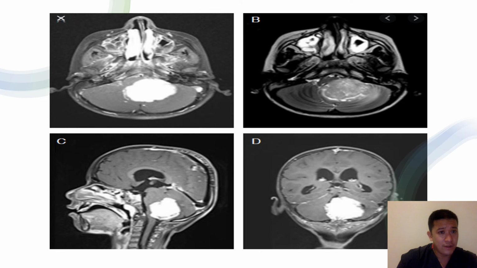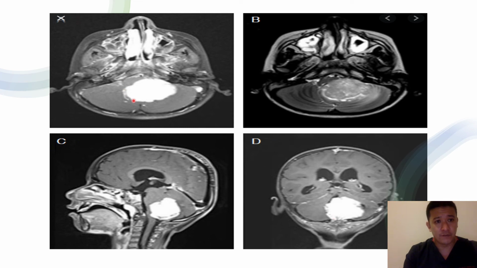Now, for an example, as you can see, you have a midline mass. So let me pull out a pointer for you again. These are all MRI sequences. A, C, and D are T1 weighted contrast enhanced images of a medulloblastoma.